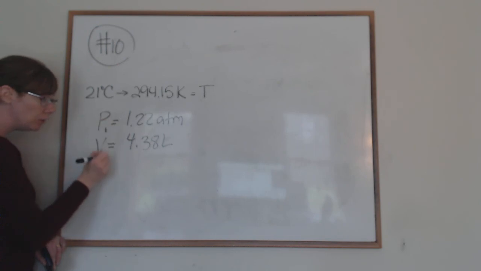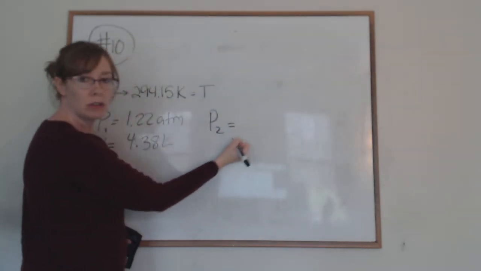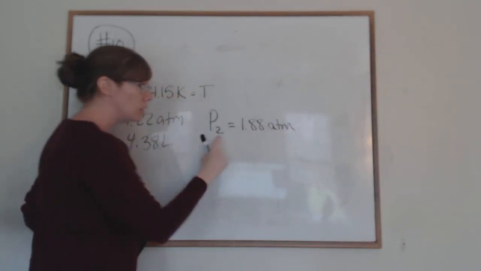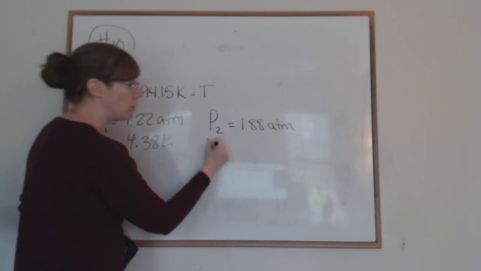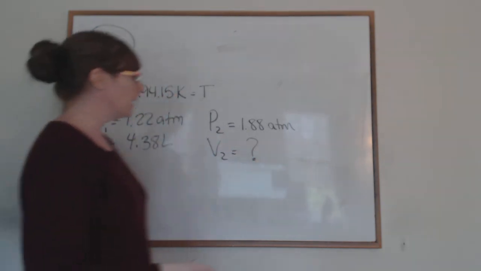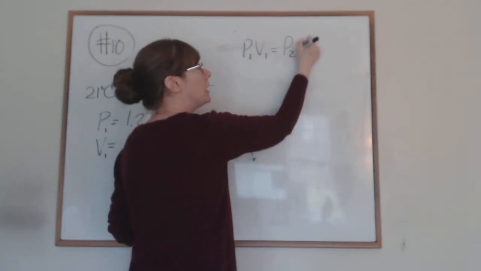You have an original pressure and an original volume. You are then changing the pressure to 1.88 atmospheres. Notice I made that P2, like a before and after, and it's asking for the new volume. So you have to recognize that this is a Boyle's law question: P1 V1 equals P2 V2.